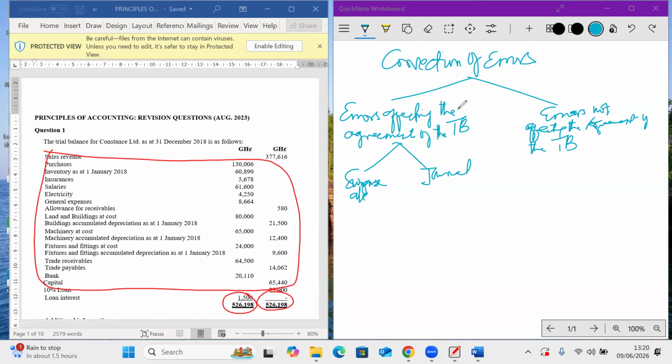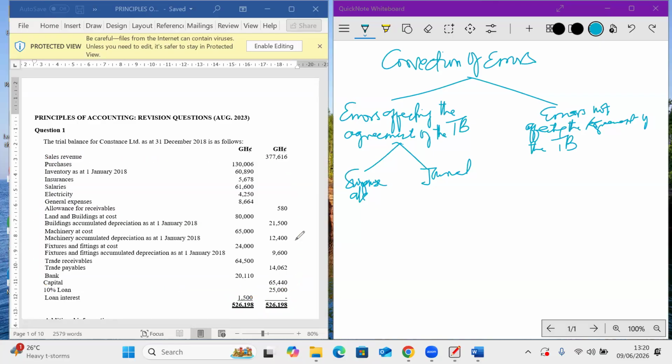For example, 5698 and 5698, if there are errors, you hardly notice it unless you have to revisit the records because they will be the same. Okay, so let's continue.